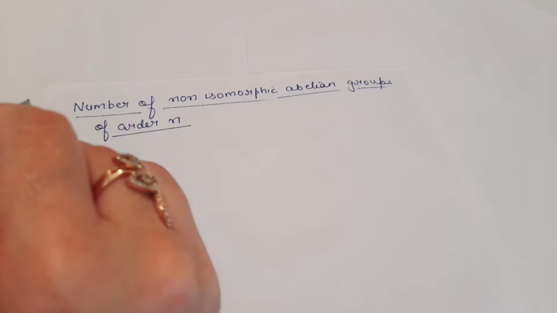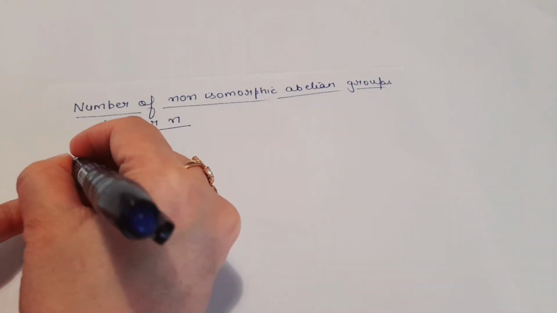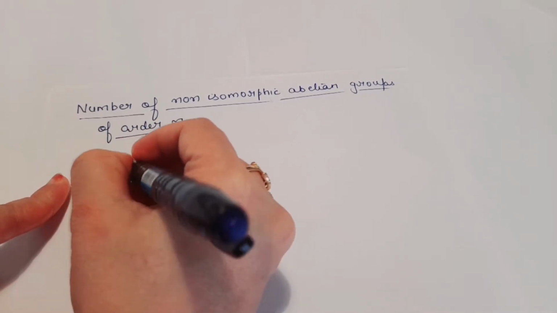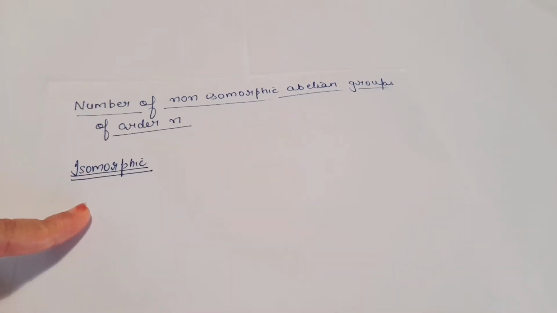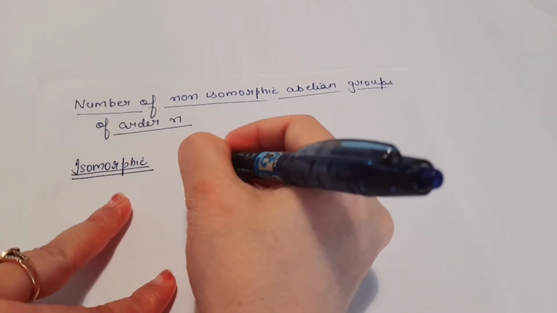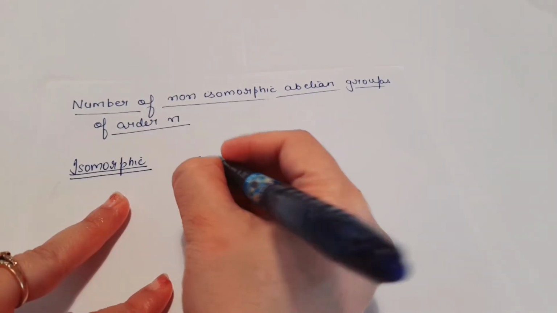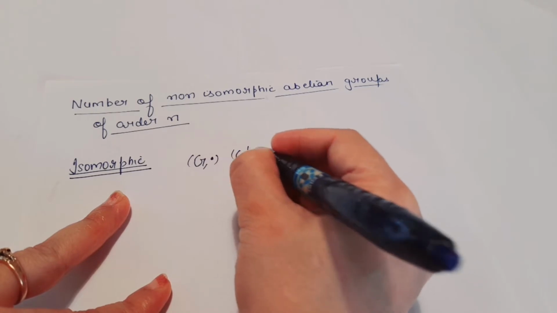When it comes to non-isomorphic abelian groups, we should first know what isomorphic groups are. Why are we calling them non-isomorphic? Suppose you have two groups G and G dash, and every group has some operation. Suppose this group has dot and this has star.